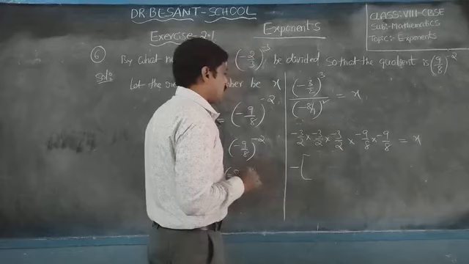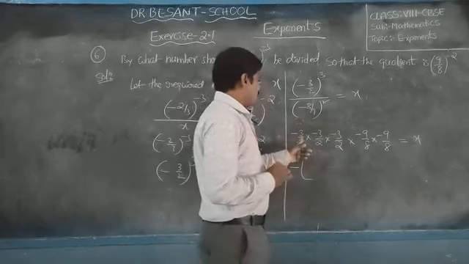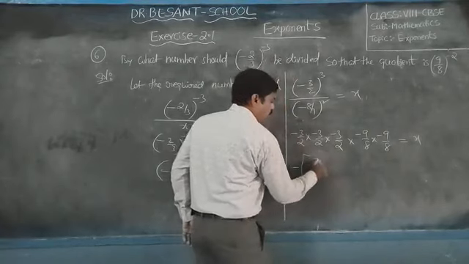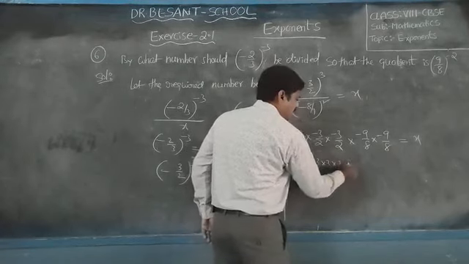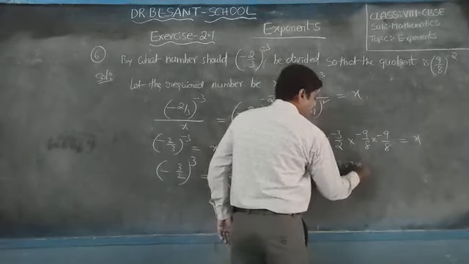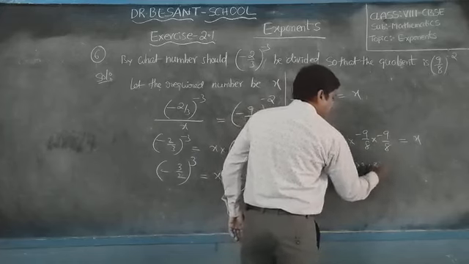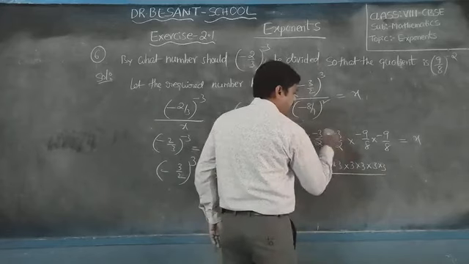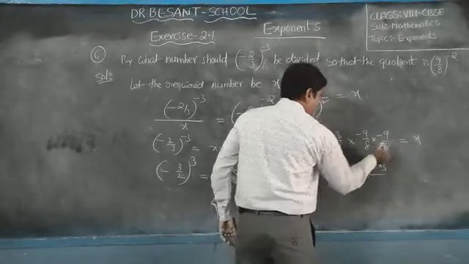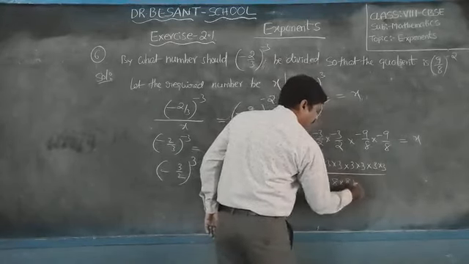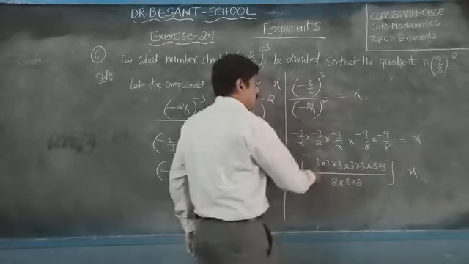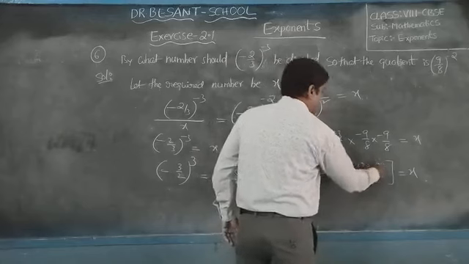See, this is 3 square, then 3 into 3, this is again 3 into 3, by 2 2s are 4, 4 2s are 8 into 8 is equal to x. 1, 2, 3, 4, 5, 6, 7.